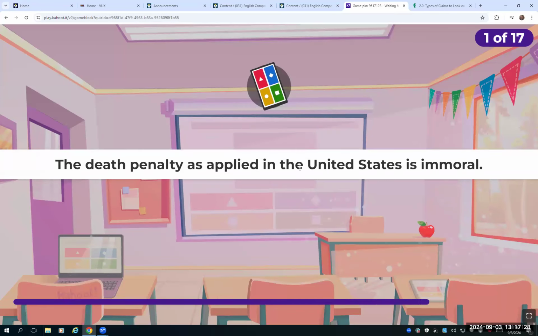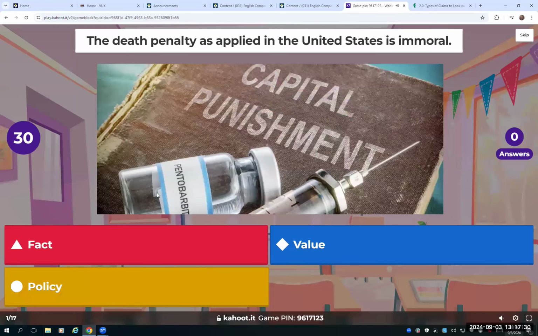Okay, hold on. The death penalty as applied in the United States is immoral. Is that a claim of fact, a claim of value, or a claim of policy? And you can use your notes. The death penalty is immoral.